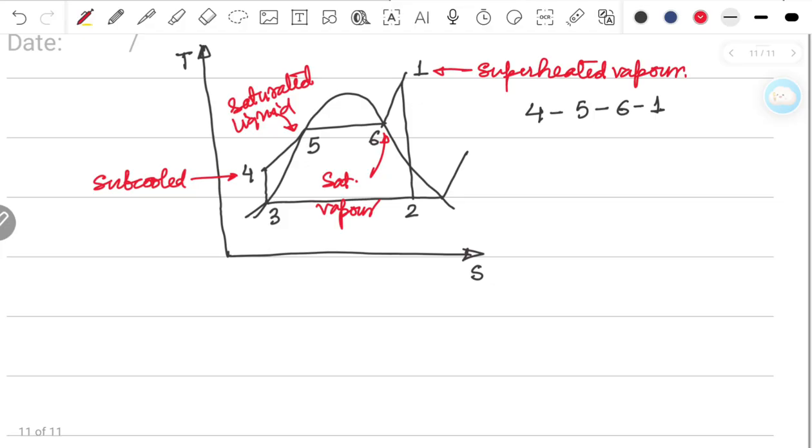Now the liquid, once it enters the boiler, enters as subcooled liquid, then becomes saturated liquid.